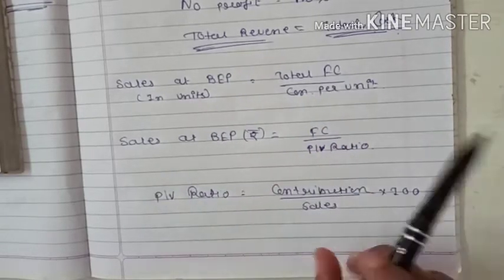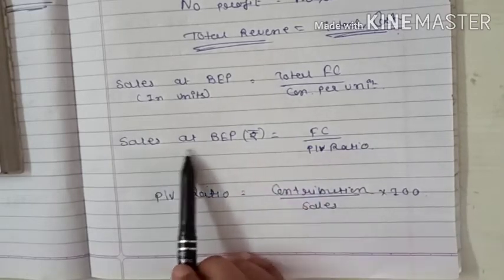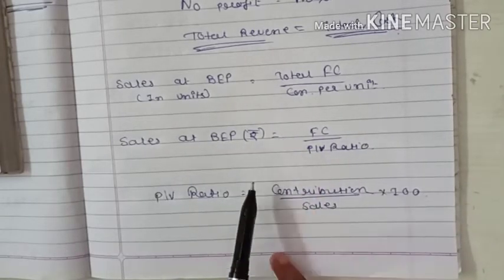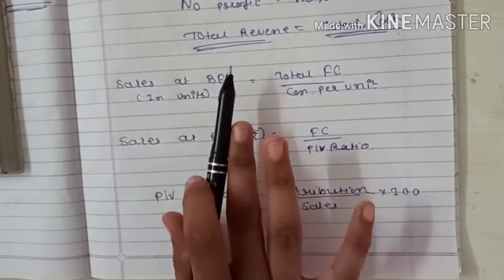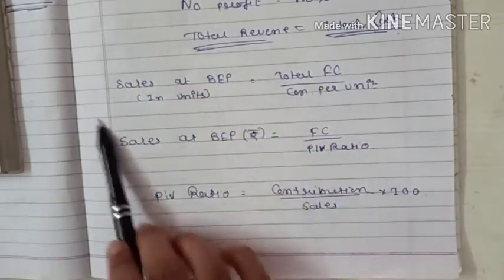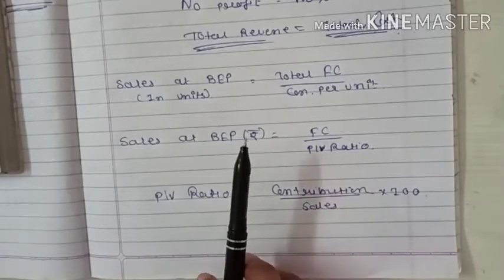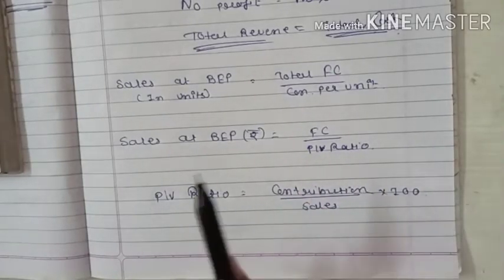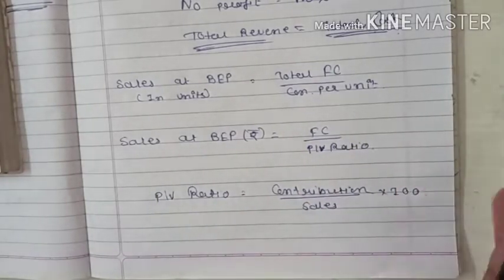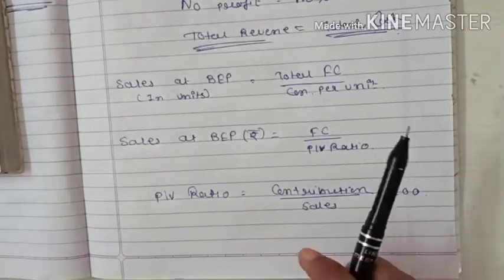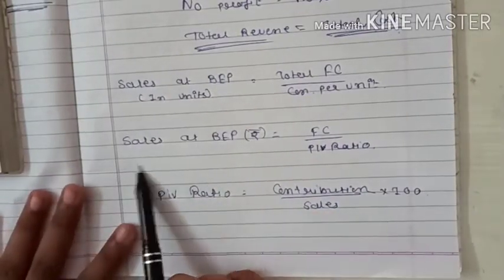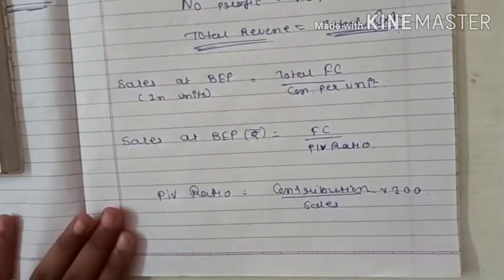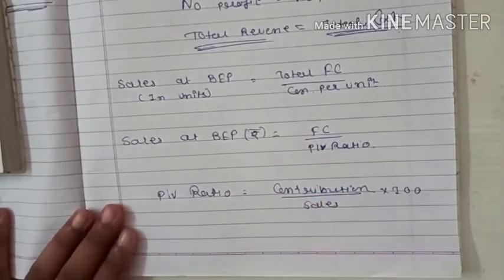When you divide the total sales at BEP in rupees by the number of units, you will get the BEP in units also. So according to the sum asked in the examination or practicals, we are going to apply the various formulas. Sales at BEP in units, sales at BEP in rupees, and PV ratio are needed for the BEP calculation.